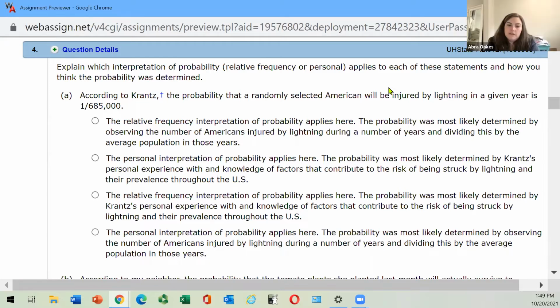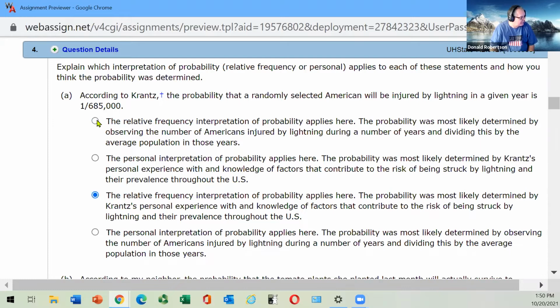Relative frequency. Right, it probably came from some data somewhere, right? How many people get struck by lightning divided by 330 million Americans, and then simplify it, right? So we know it's a relative frequency, so that means it's dot number 1 or it's dot number 3, right?